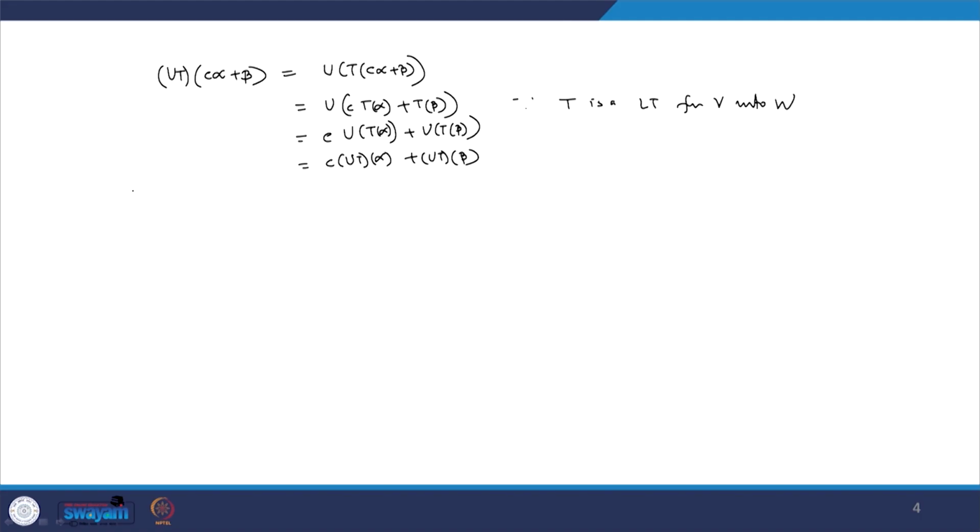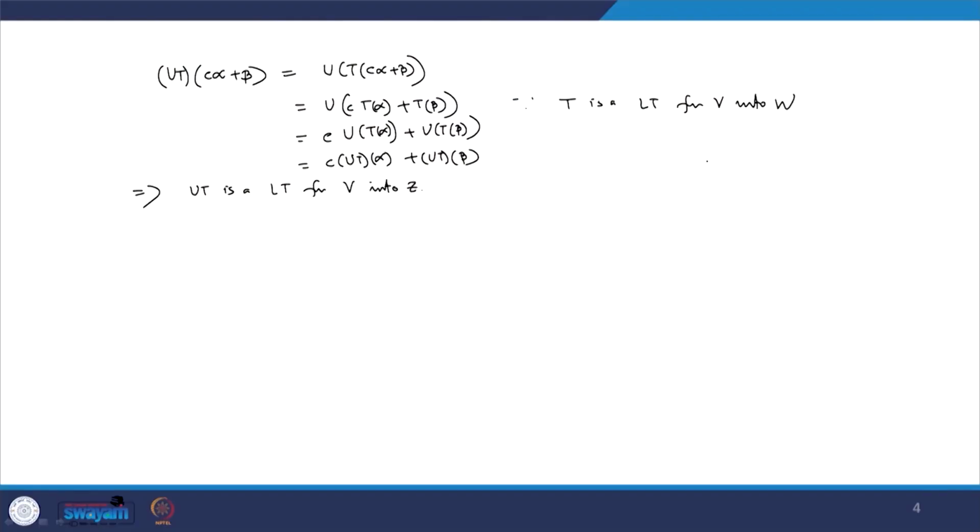So, this implies when we use the composition as a multiplication of two functions, then this UT is a linear transformation from V into Z, please. So, we see that even if I consider the product of two linear transformations, it is also a linear transformation.